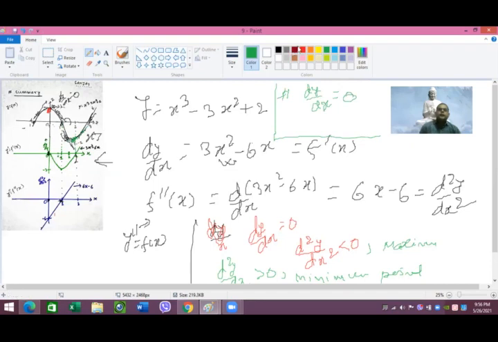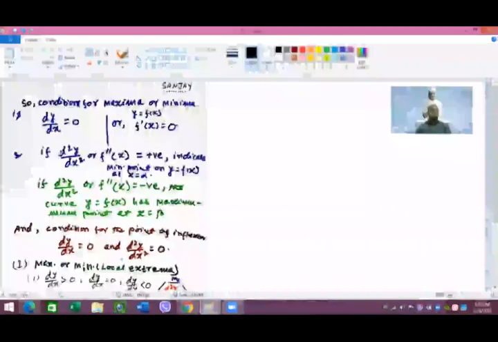And if your second order derivative is less than 0, that means it attains the maximum point, that is the local maximum point. And if your second order derivative is bigger than 0, that means it attains the minimum point.